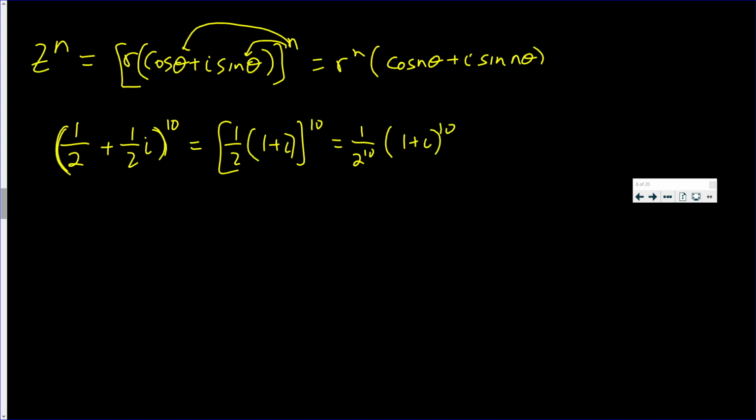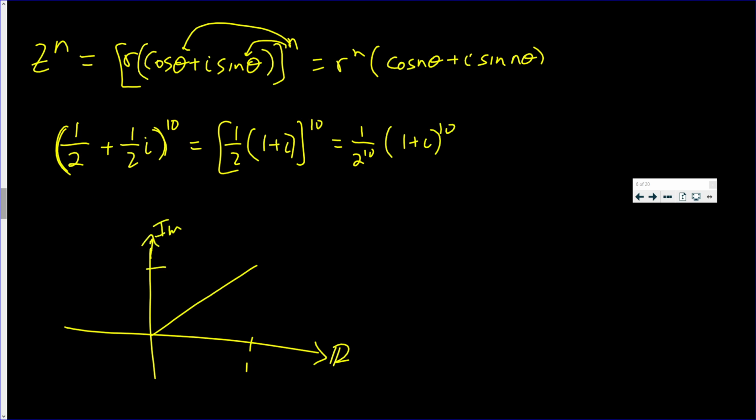So we want to write 1 plus I in CIS form. I think we did this one already. On the real axis, you'd go out 1, and on the imaginary axis, you would go up 1, and you would get that angle. Let's try to draw it better.